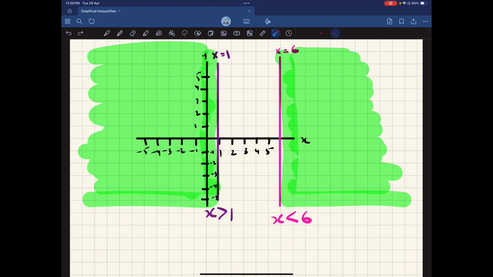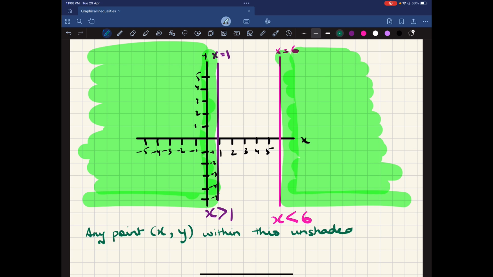Any point (x, y), this is an important point. You need to understand that any point (x, y) within this unshaded region is a solution to the inequality.